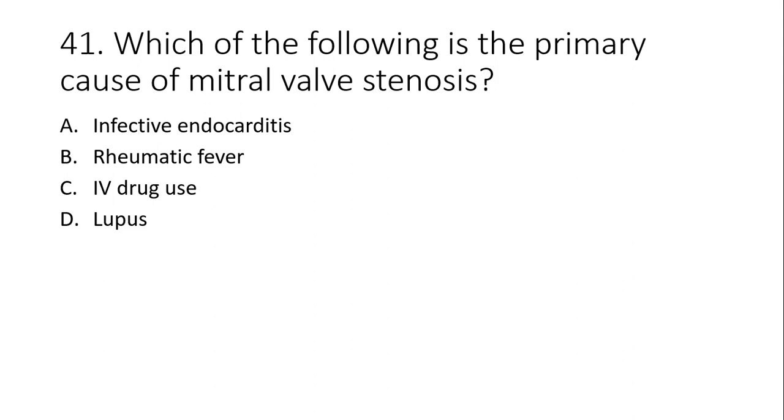There's infective endocarditis and rheumatic fever. What do we see in the heart? Yep, Aschoff bodies. And then with infective endocarditis, what do we see? Vegetative lesions. Yeah, vegetations, vegetative lesions.